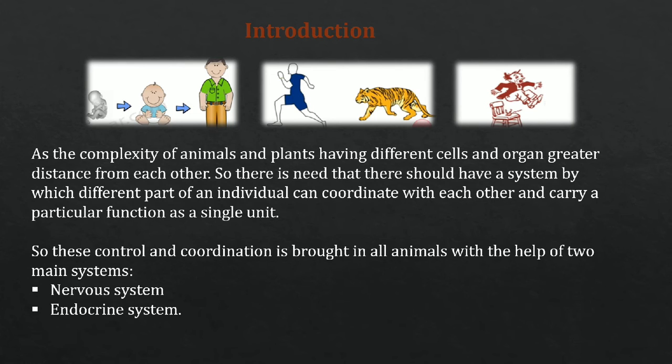But what inside our body tells us how to grow, how to run, and when to jump or move away from a particular situation? So this control and coordination is brought about in all animals with the help of two main systems, that is the nervous system and the endocrine system.